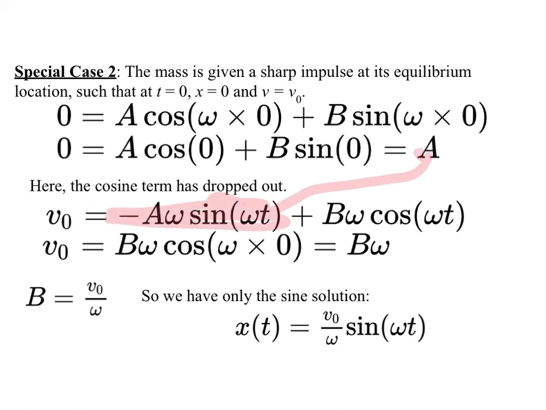And we have v0 equals b omega cos omega t. When t equals 0, this is cos of 0, which is 1. So v0 equals b omega. So we end up with b equals v0 over omega. And so the solution is only the sine solution, and the amplitude of the motion is its maximum velocity, or its initial velocity, over omega. And that's kind of interesting.